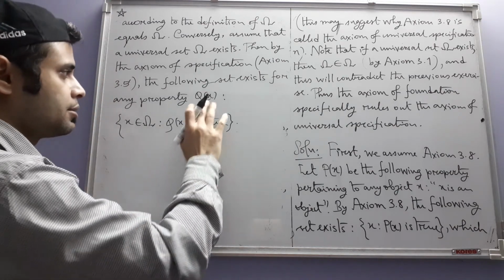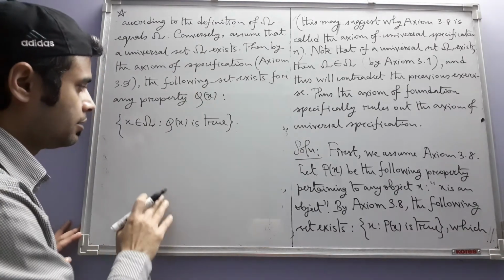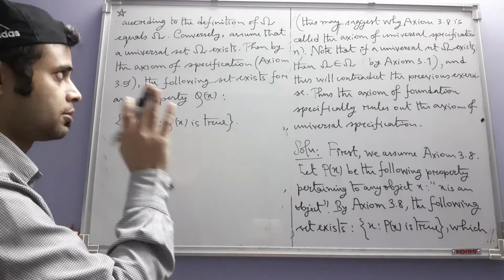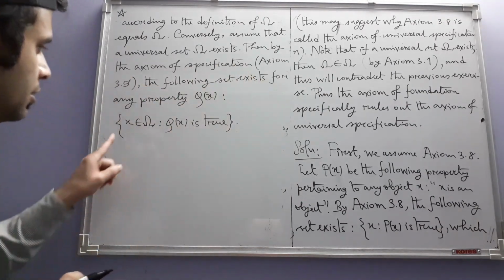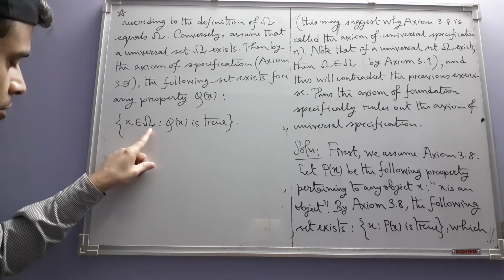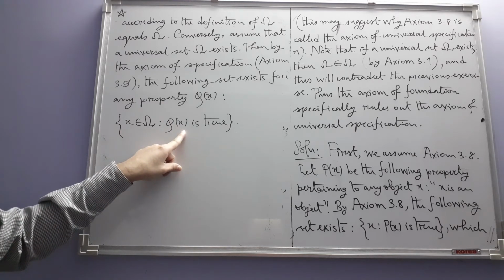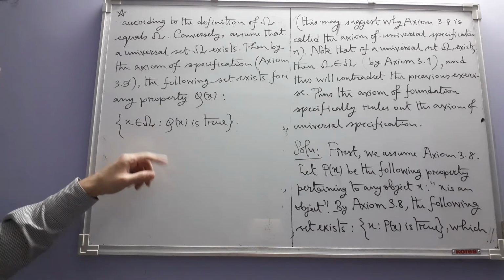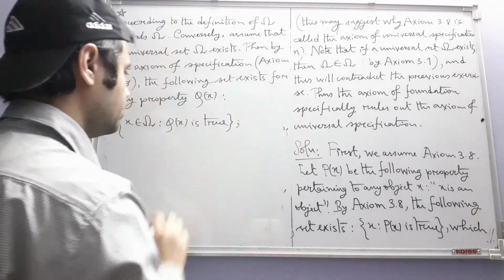Then since x is an object, x belongs to the universal set, and by the axiom of specification, not universal specification, by the axiom of specification, which is axiom 3.5, this set exists. It is the set of those objects in the universal set which satisfy the property Q. But since objects in the universal set are all objects, so we get this.